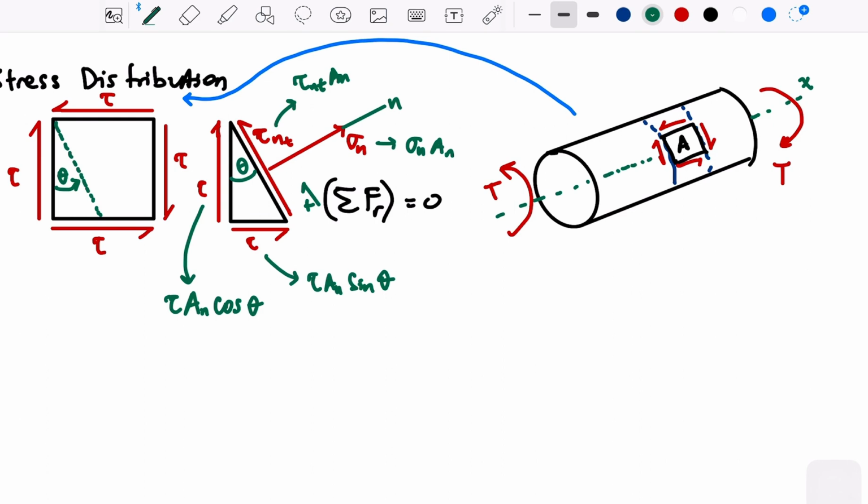So we say this is the x, the x-axis, and based on the normal here, this is going to be the t, and this will be the angle theta.